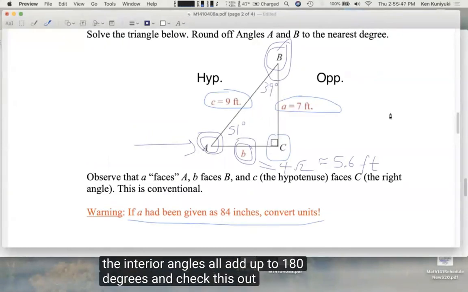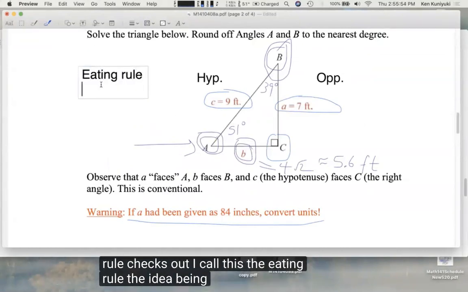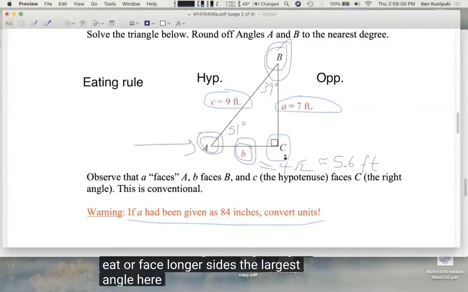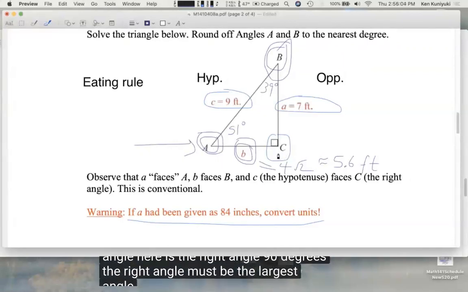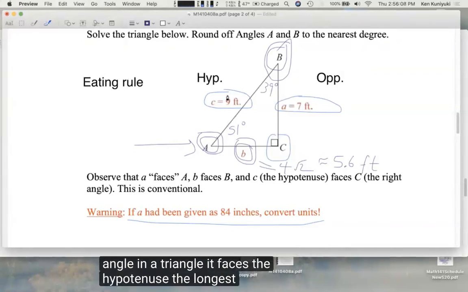And check this out. The eating rule checks out. I call this the eating rule. The idea being that larger angles eat or face longer sides. The largest angle here is the right angle, 90 degrees. The right angle must be the largest angle in a triangle. It faces the hypotenuse, the longest side, 9 feet.